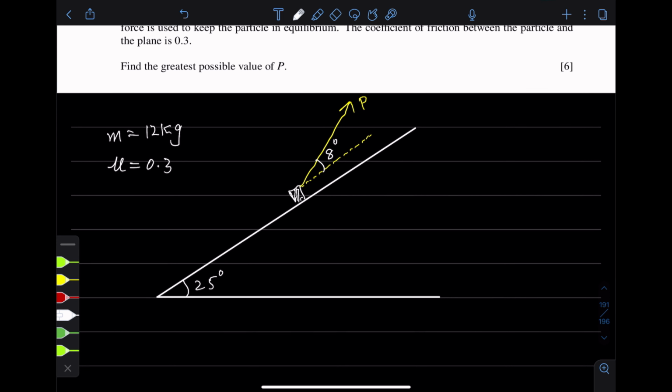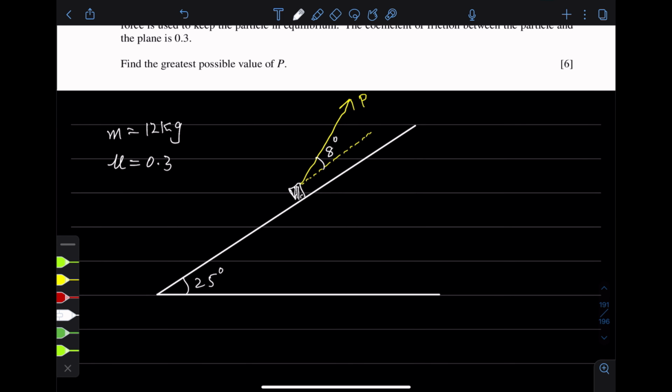So other forces, the weight of the particle acting vertically downward. This is the weight mg. M is 12, so here you can write 12 g.